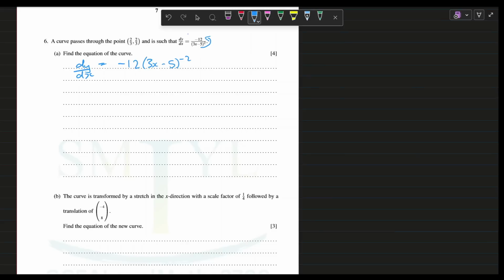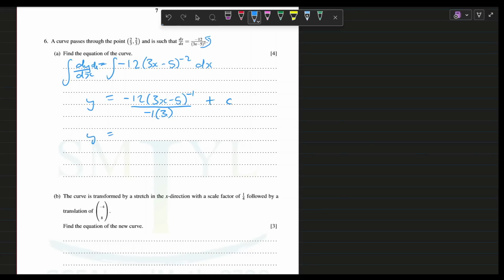So to get the equation of the curve, we're going to have to integrate both sides with respect to x. Okay, so if you integrate dy/dx, you get y. And then here we've got negative 12 times (3x minus 5) to the power, add 1 to negative 2, you get a negative 1, divide by the new power, so divide by negative 1, and then differentiate 3x minus 5, so that's 3, and you add your constant of integration.